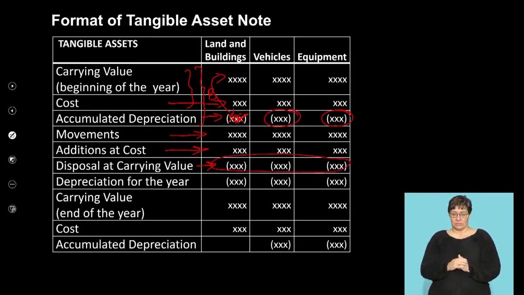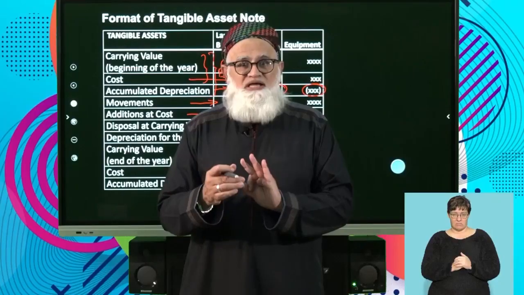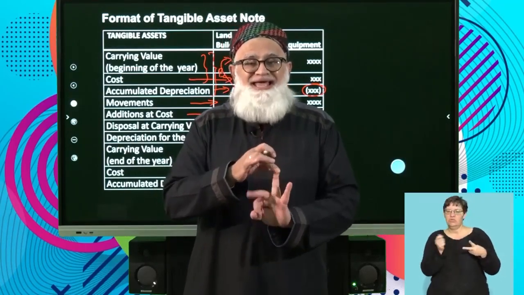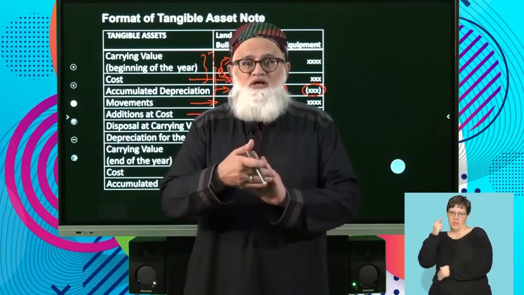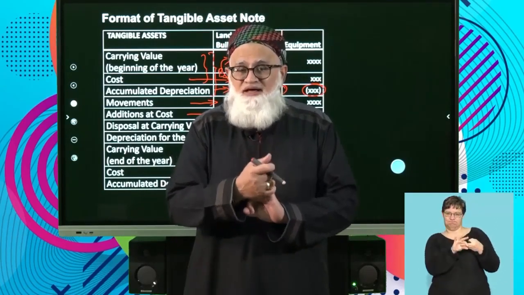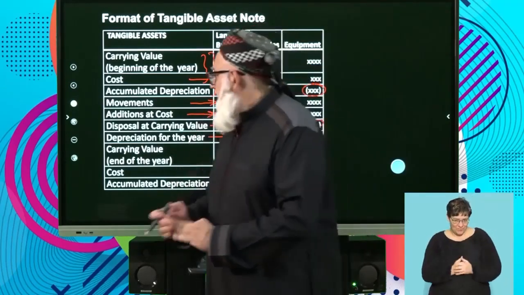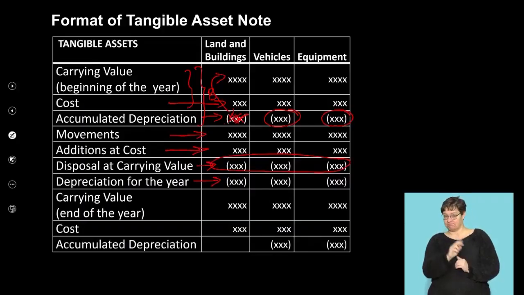Then you bring in your depreciation for the year. With regards to depreciation, remember the 3 components of depreciation. What are they? The sold, the old unsold, and the new. All 3 must be added together to give you your total depreciation for the year. Now watch this. You have your carrying value at the beginning of the year.